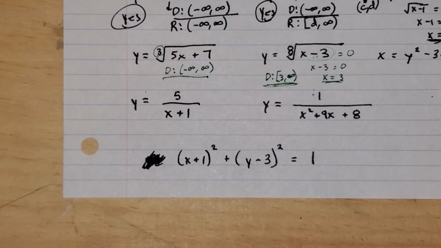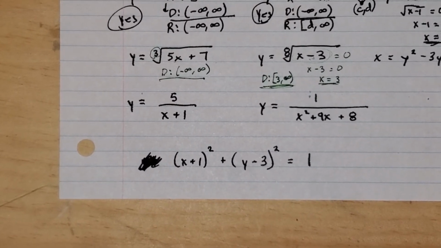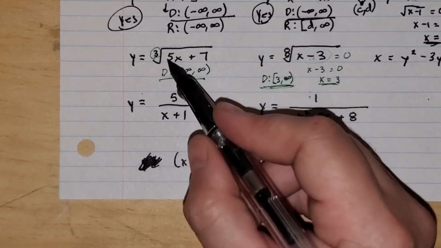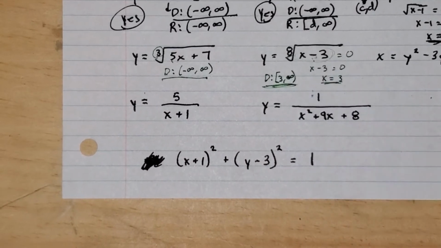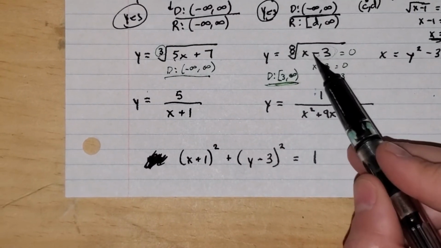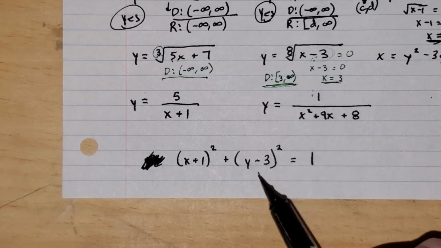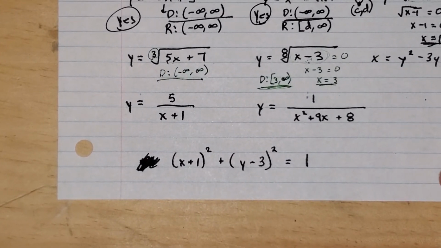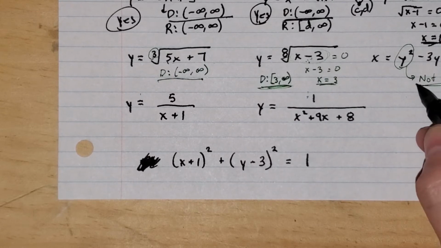And by the way, all of these are functions. If you're interested, this is a function, this is a function, this is a function, because for every number I put in, I'm getting one number out. Okay, cool. How about this guy? This is very, very different. What do you see? Y squared. As soon as I see that, I know immediately it's not a function.